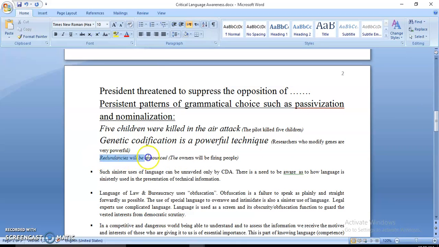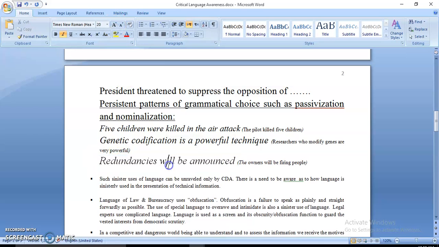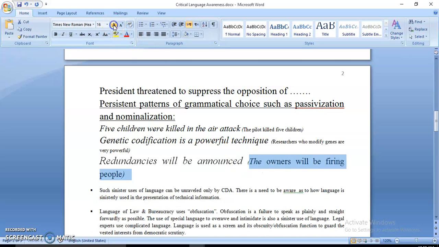Now "redundancies will be announced." So this is critical language. Actually whatever they want to say, they say that owners will be firing people. If they write this in straightforward language, there will be a lot of reaction. So in order to avoid the backlash, this critical discourse is used.